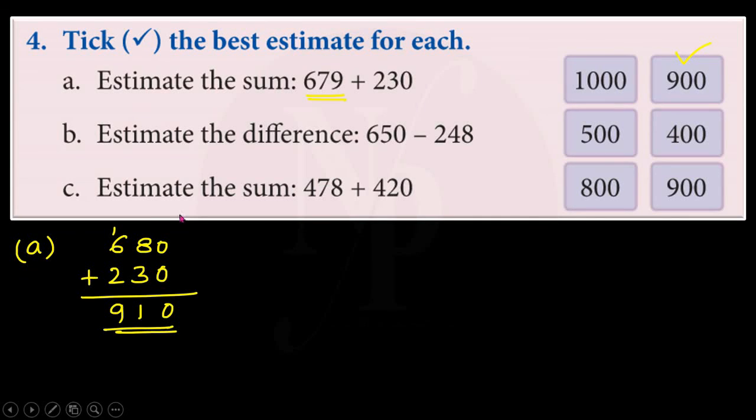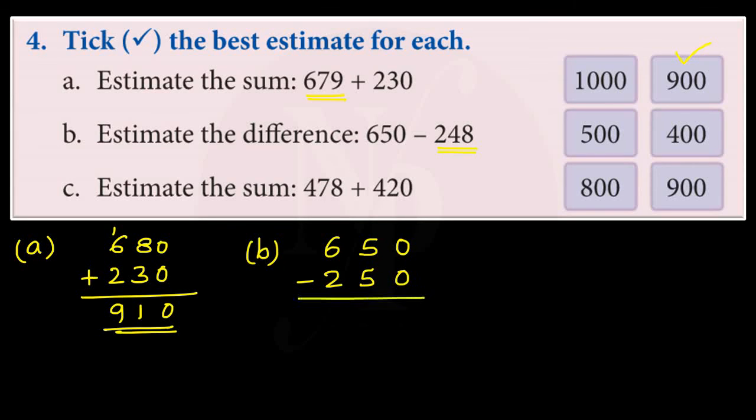B. Estimate the difference 650 minus 248. Here let us keep 650 as it is without making any change. And what I do now is, since 248 is close to 250, which is 2 less than 250, I will estimate this number as 250.